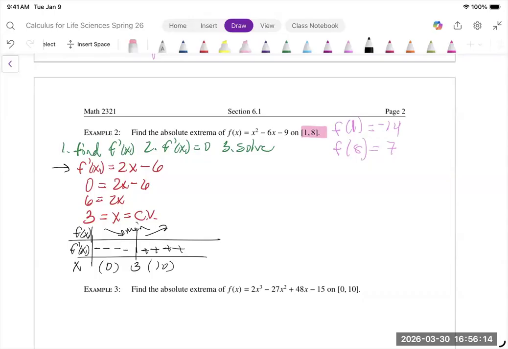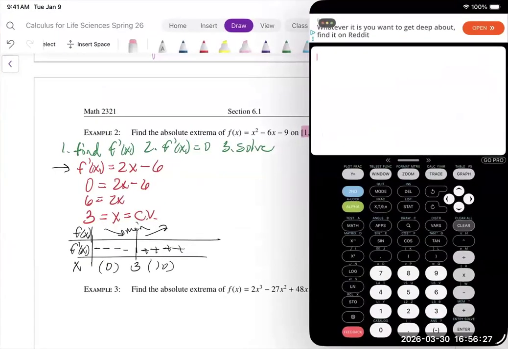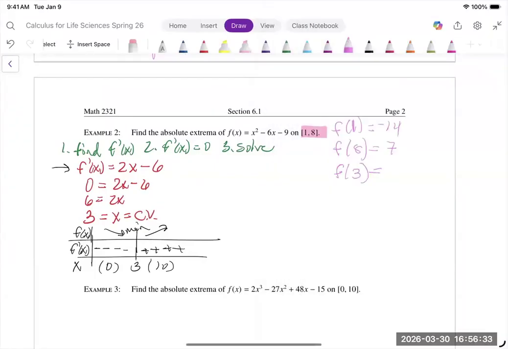So now we need to find out, what is the value of f of 3? So that would be, let's grab my handy-dandy calculator, 9 minus 18 minus 9 is negative 18.